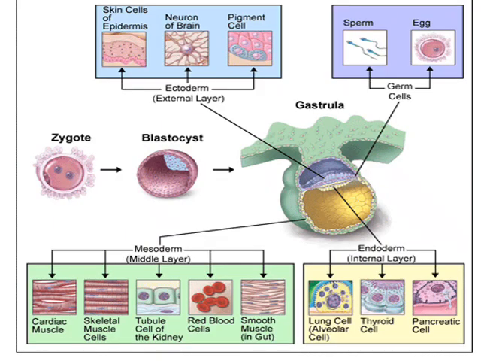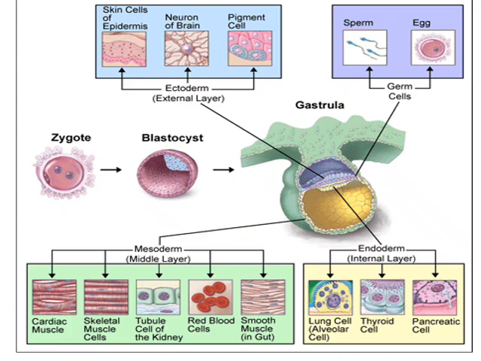And here, if you're more visual, from the gastrula, this is what happens to the ectoderm, the external layer, and it will become the skin cells of the epidermis, the neurons of the brain, and the pigment cells.